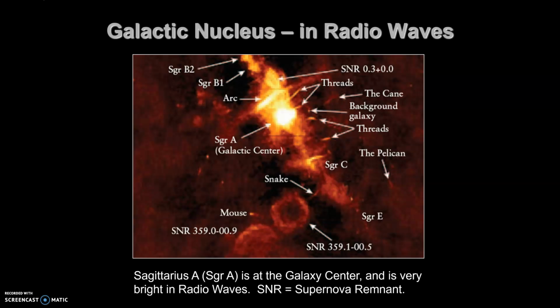Our galactic nucleus in radio waves: Sagittarius A is our visible galaxy center, and it's very, very bright in radio waves. We can see that here. But again, it's going to be surrounded by what we call an SNR, or supernova remnant.